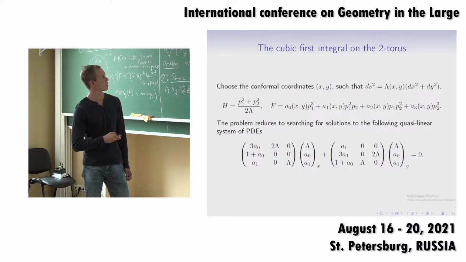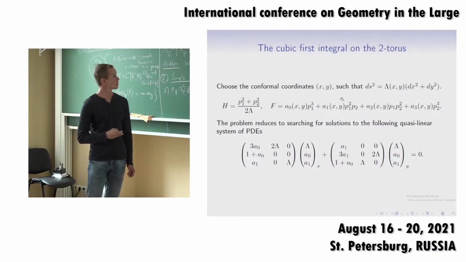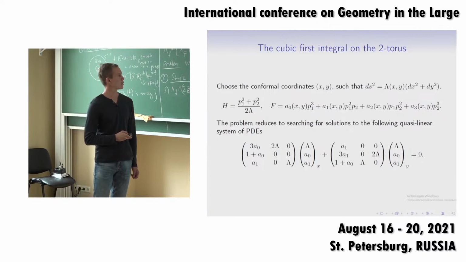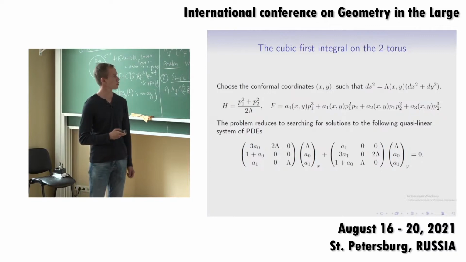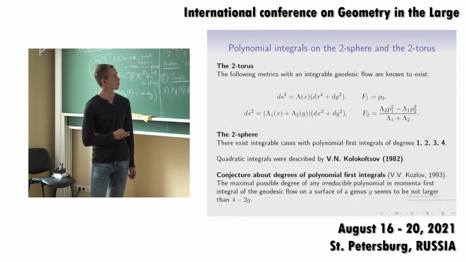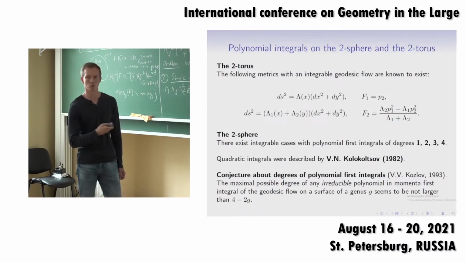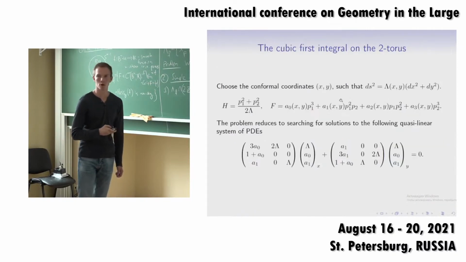So if we consider a cubic integral on the two-dimensional torus, this problem can be reduced to these quasi-linear PDEs, and one has to search for solutions to the system. It doesn't look very complicated, but the only known solutions to the system which can live on the two-torus correspond to the case when the linear integral exists and the cubic integral can be obtained by, for example, multiplying this integral by the Hamiltonian, etc. So it's an open problem.